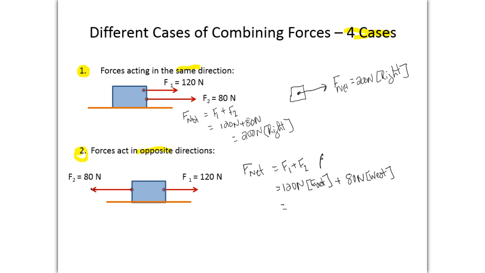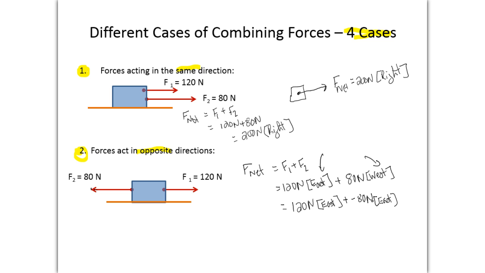And when you're adding here, same as we've seen before in Unit 1, you have to have the same direction. So I'm going to keep my biggest number in the same direction, but I want this to change to say east. So I have to change this to a negative 80 newtons.